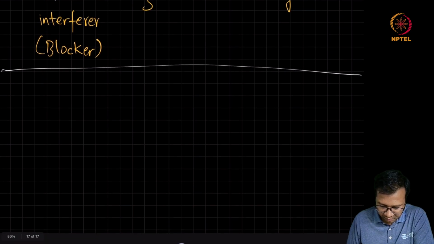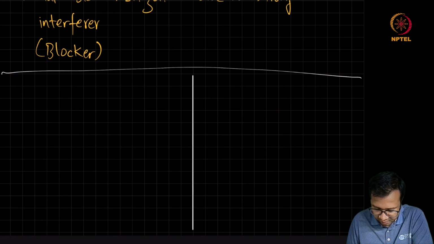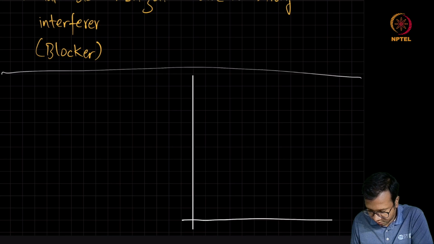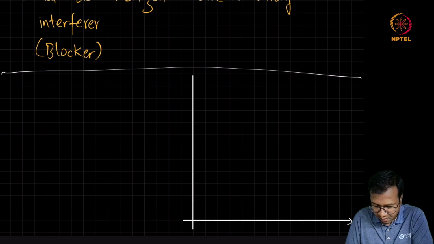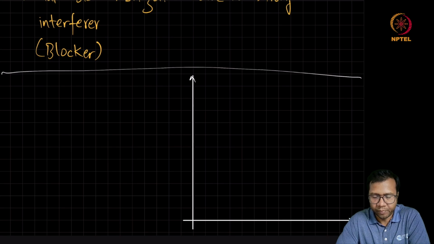Now let us take a case where instead of just a single tone, the desired signal itself contains two tones. And that is a very practical case, because in general, when there is modulation, the desired signal will not be just a single tone, but you can think of it as a collection of multiple tones.